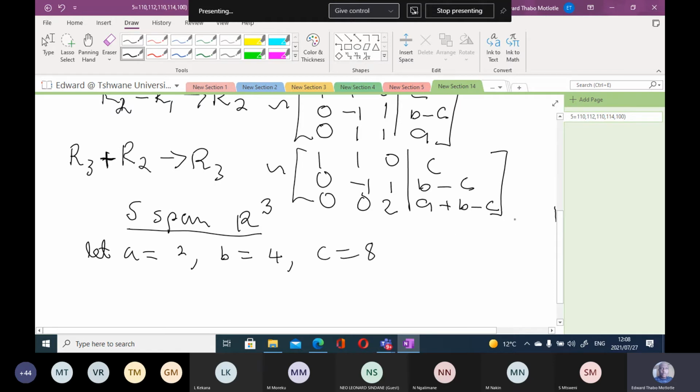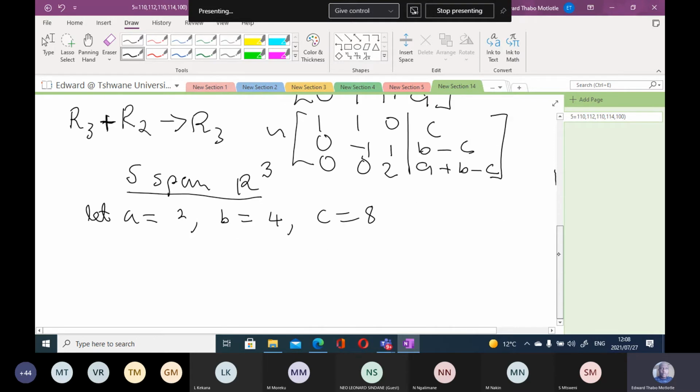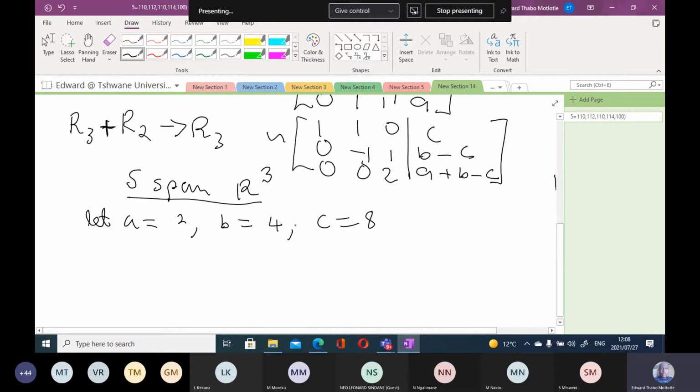I'll still solve the same system, so I don't have to do the linear operation again. Substituting, on this row I have A plus B minus C, which equals 2 plus 4 minus 8, which is minus 2.